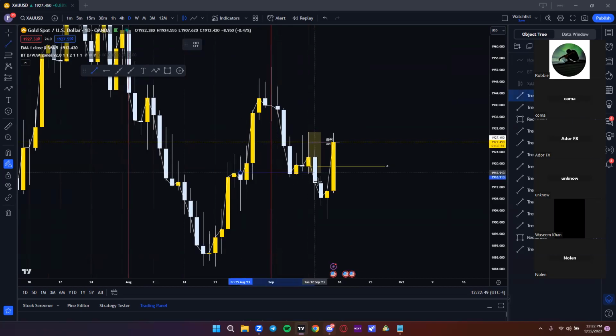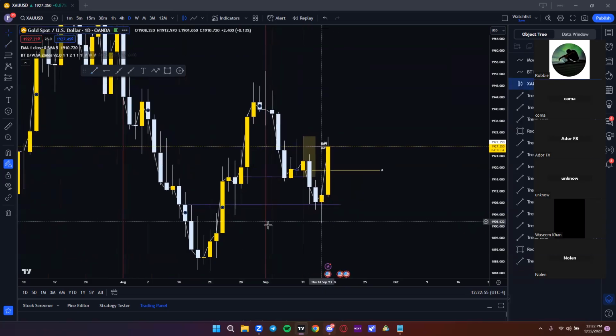There was this breakout here, the downside, and then it found support on the daily right here. And yesterday, everyone thought this big move was going to happen yesterday, and it actually happened today.